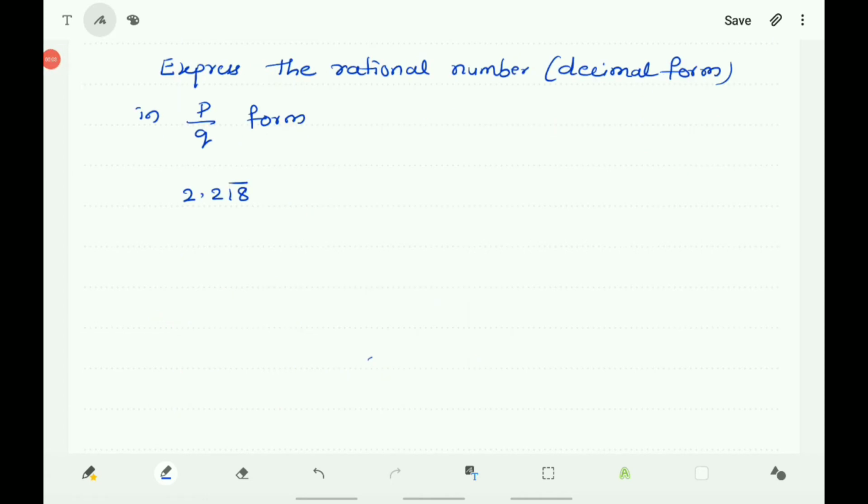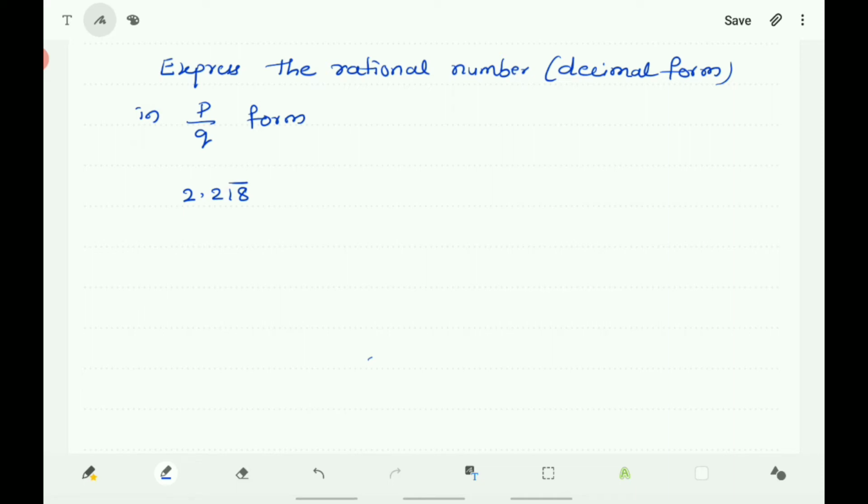Express the rational number in p by q form. The rational number is in the form of decimal, and it may be terminating decimal or non-terminating recurring decimal, and you convert that into p by q form. So first let us take 2.218. Here the digits 18 are recurring.